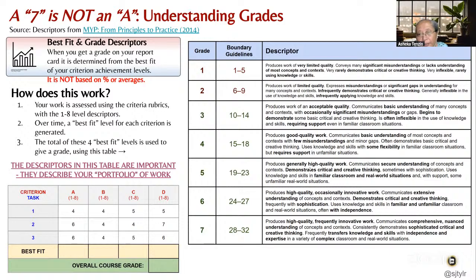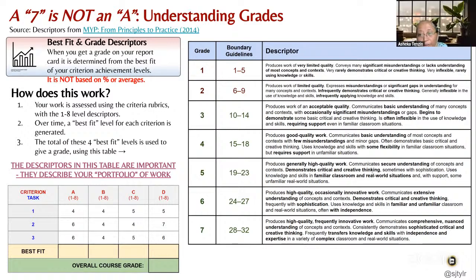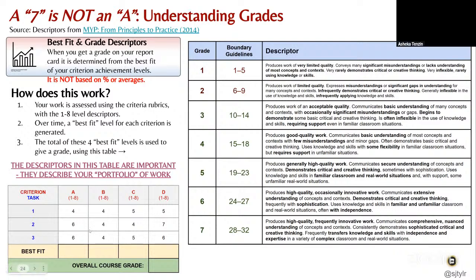And this is the descriptor for this particular level 5. So if I have to write a report about the overall grade, then I may use information over here and I can write it. Okay. So this is best fit.